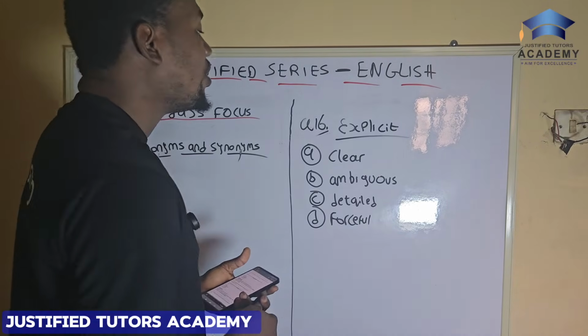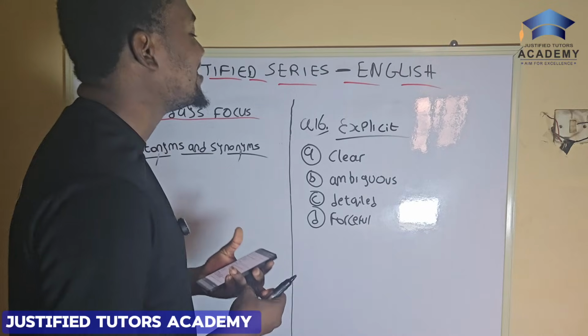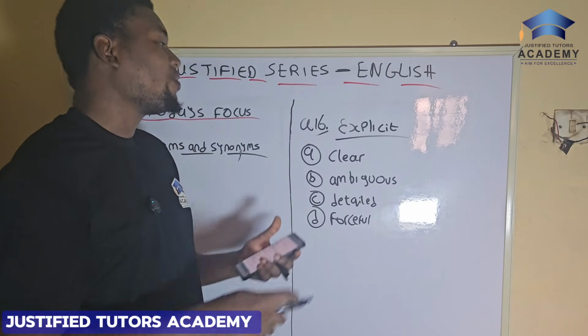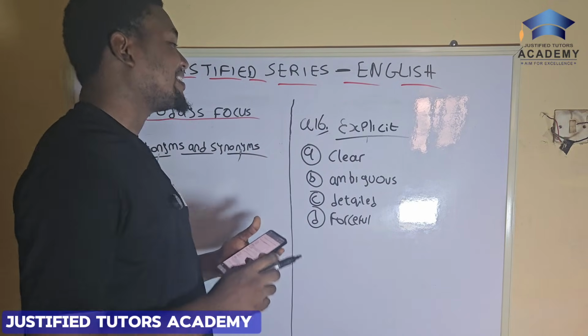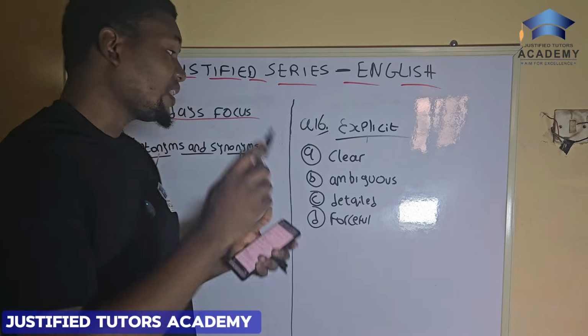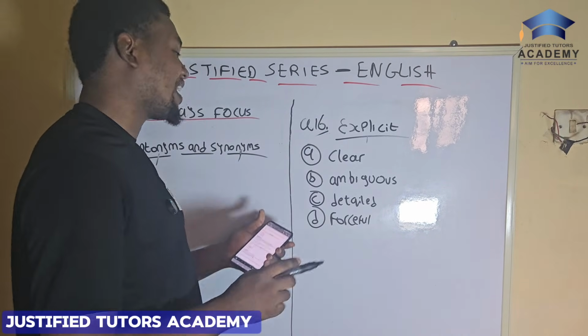Now, what does explicit mean? Remember, I've been saying it. If you want to know anything under antonyms and synonyms, you need to know the meaning of these words. So what explicit basically means is something that is clear, that is exact, that is direct. That is what explicit basically means.